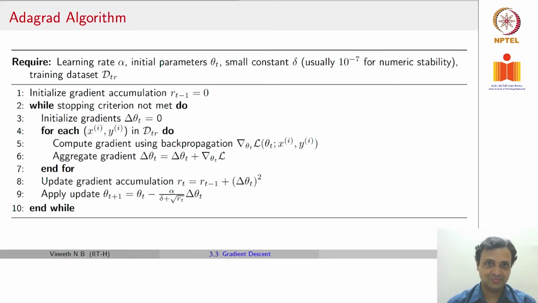There is one problem with the Adagrad method. Can you try to spot the problem? The problem is that this gradient accumulation term RT is a running sum that simply keeps accumulating over iterations, which means as you run more and more iterations, it will only keep increasing and get higher and higher over time, which means this denominator is definitely going to get high over time for all the weights.